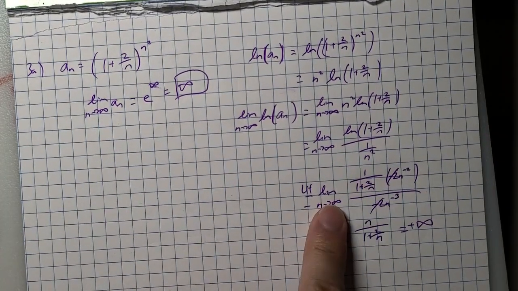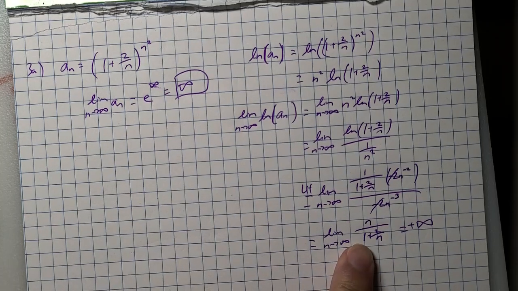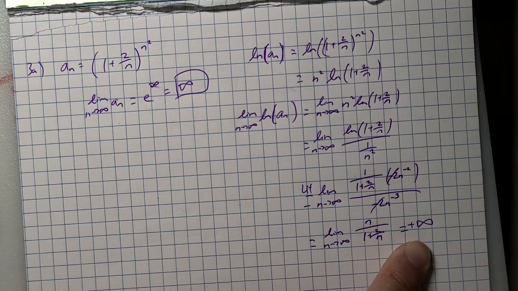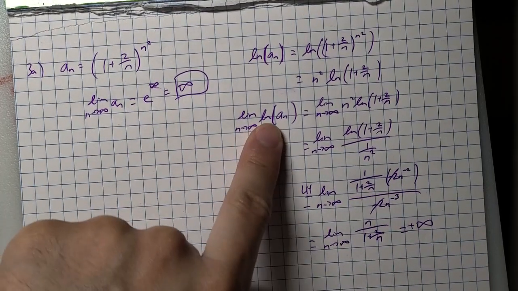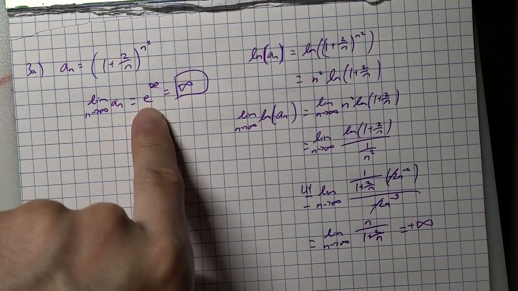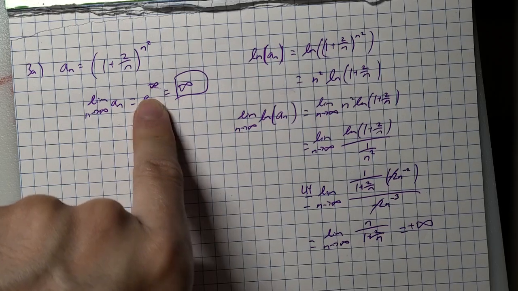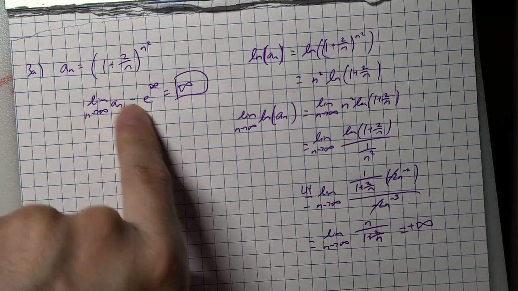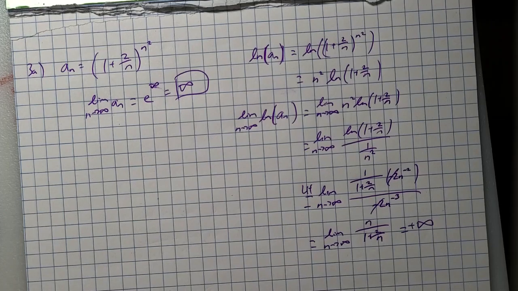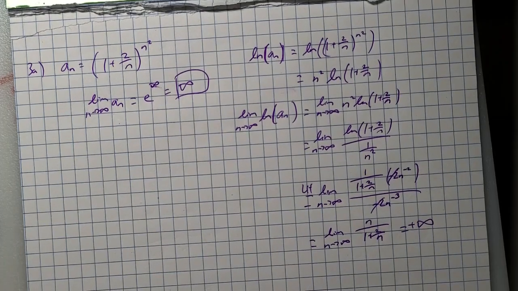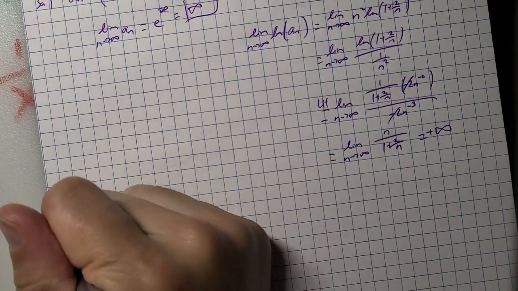And then we simplified to here. And then we took the limits. That would be going to positive infinity. So this was the natural log of a sub n. So we just exponentiate our answer to get the limit of this guy going to infinity, which is also infinity. Okay, so that's how we solve that.